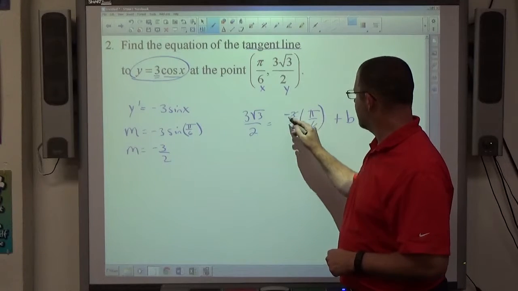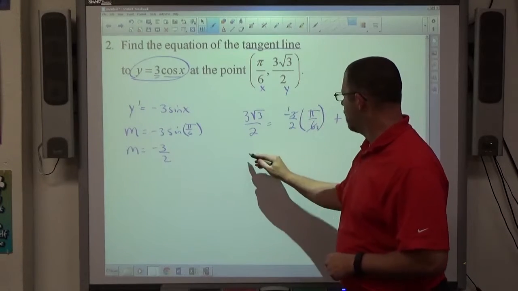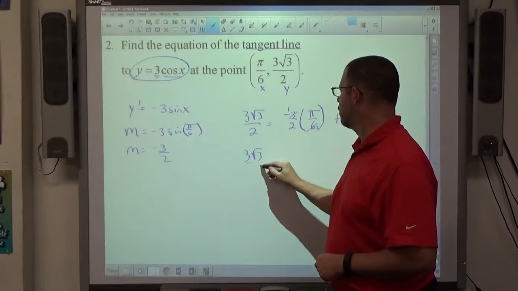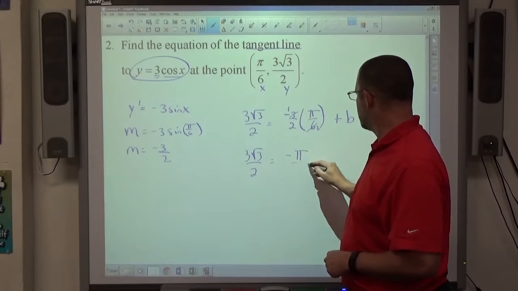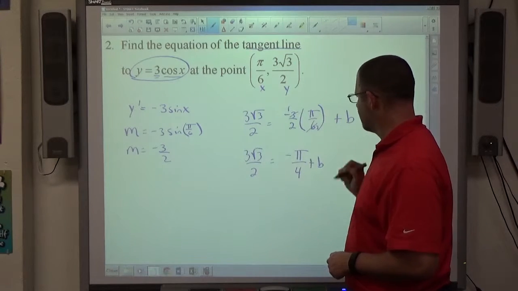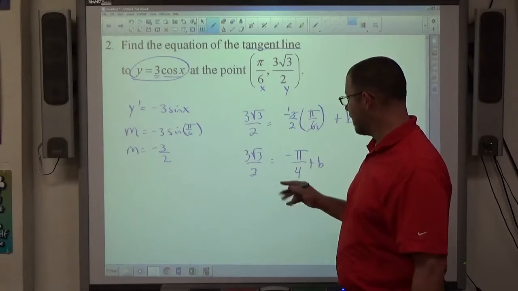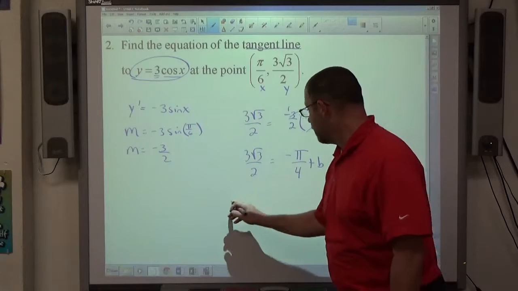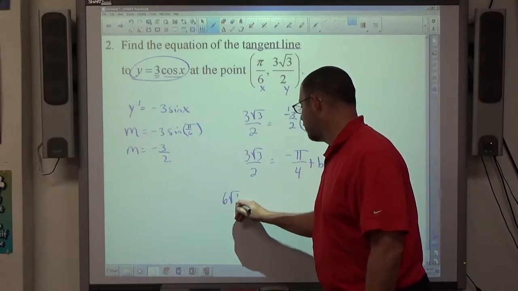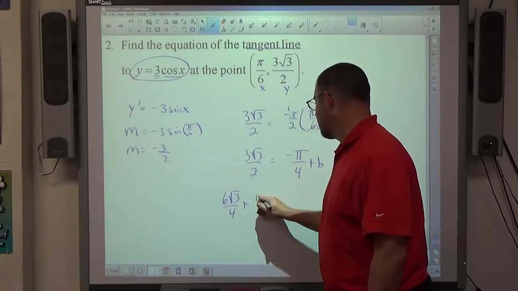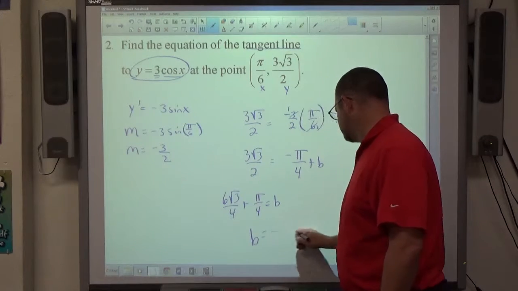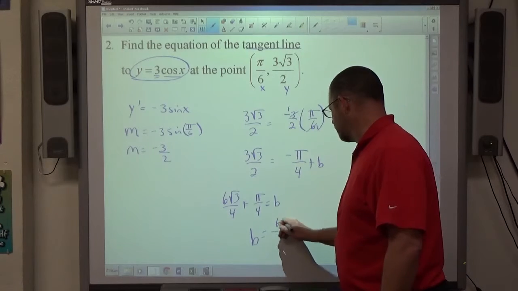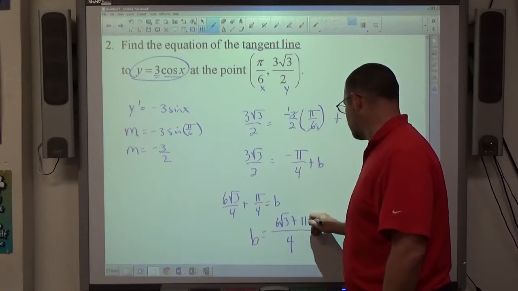That cancels that down to a 1 and a 2, so 3 times the square root of 3 over 2 equals negative pi over 4 plus b. If I move the pi over 4 to the other side, I get a common denominator. This is 6 times the square root of 3 over 4 plus pi over 4. So b ends up equaling 6 times the square root of 3 plus pi all over 4.